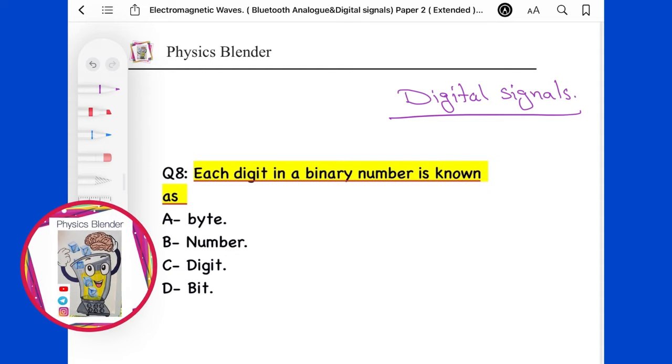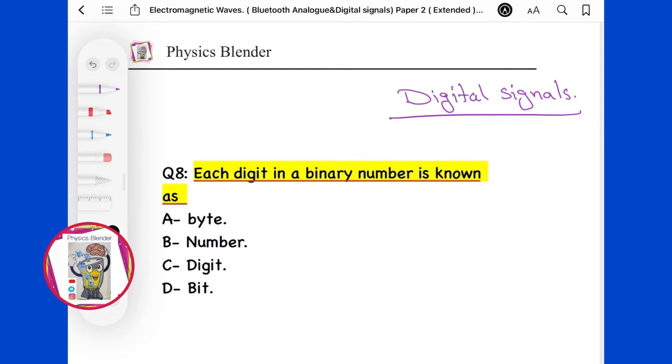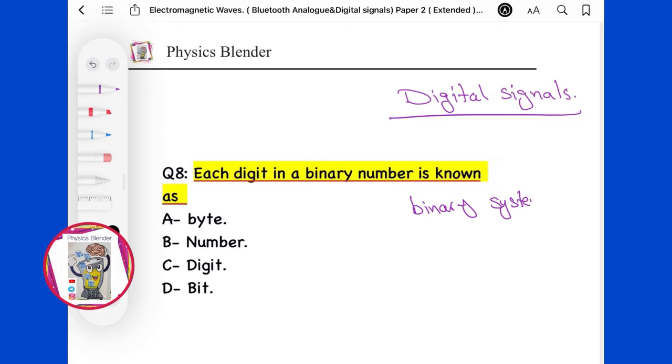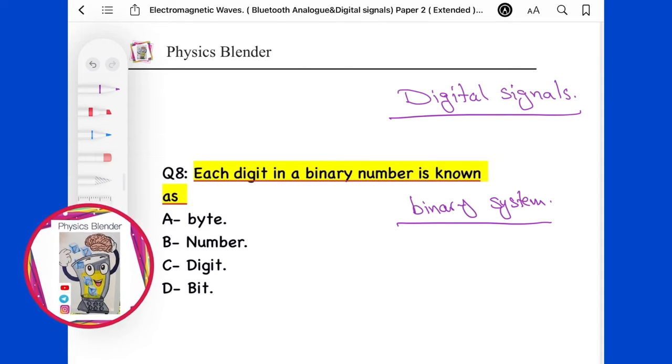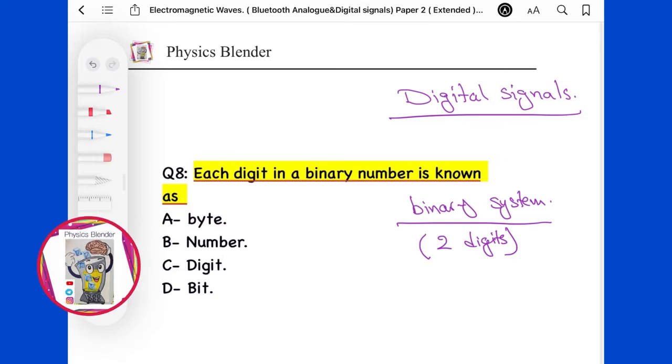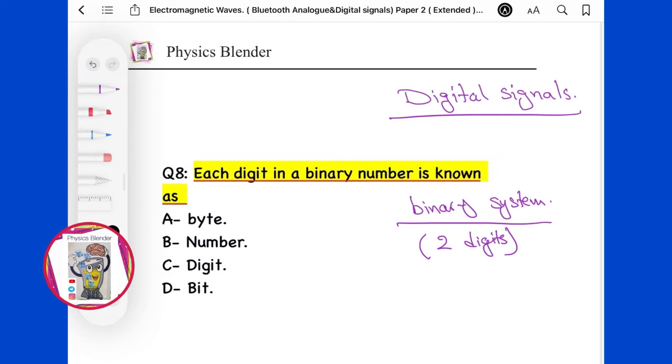This sequence of numbers is called binary system. So binary numbers or binary system. Binary system has only two digits. What are these two digits? It has base of 2 and it has 2 digits, which are 0 and 1.